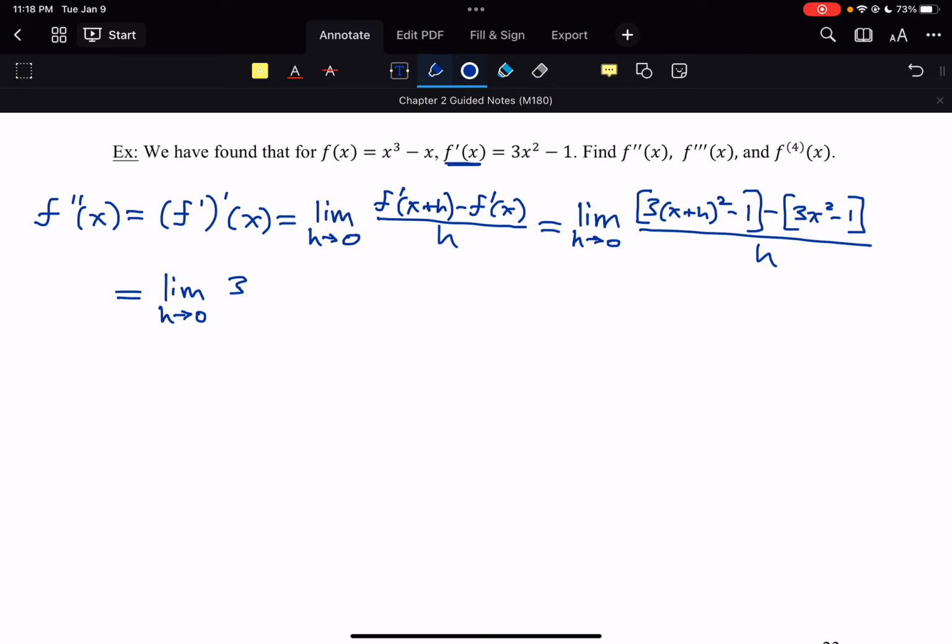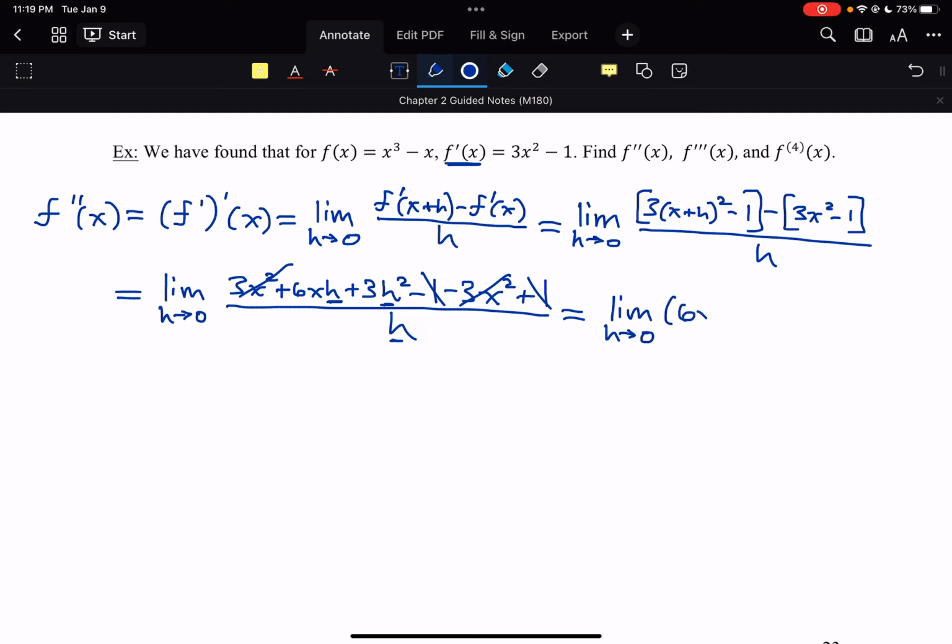We get 3x squared plus 6xh plus 3h squared minus 1 minus 3x squared plus 1 all over h. Cancel, cancel, cancel, cancel. Common factor of h in each of these. Factor out and cancel.